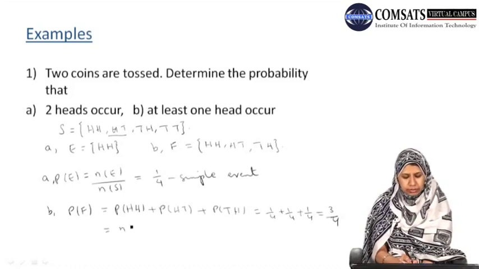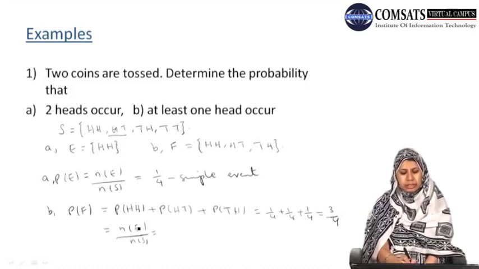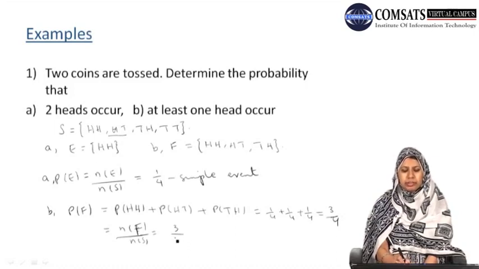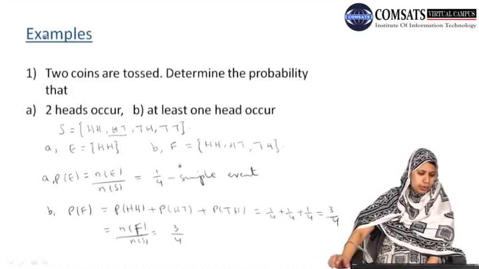And by using the formula, that is by using the number of elements only, the event F has 3 elements and the sample space has 4 sample points, so the event F has probability 3/4.